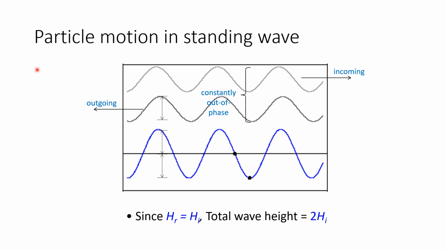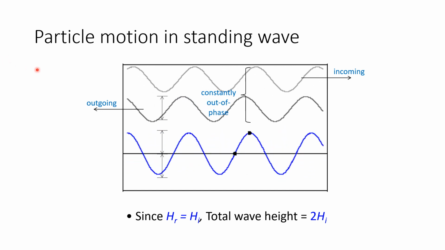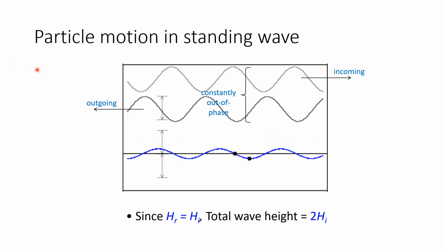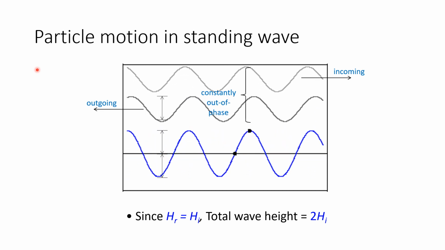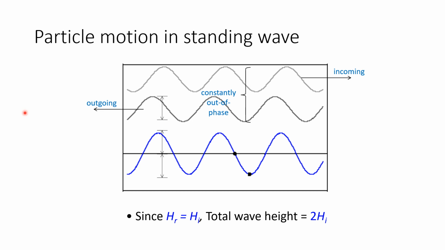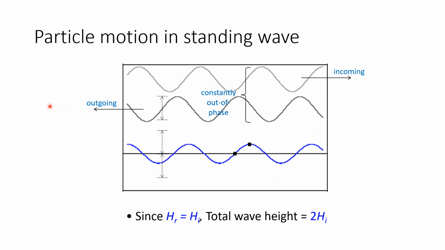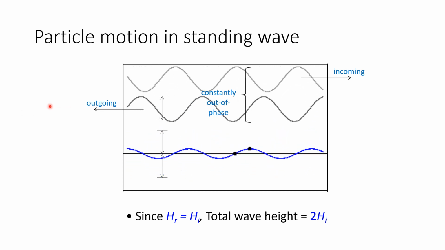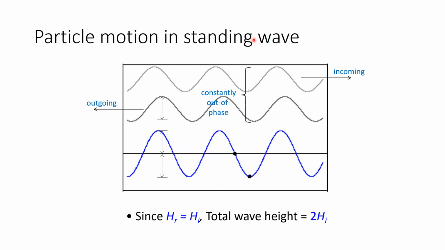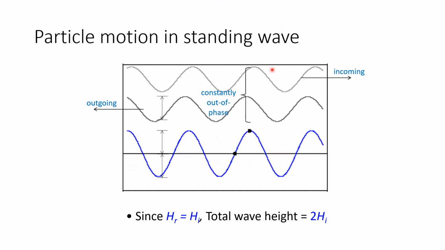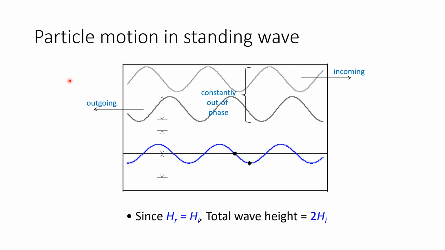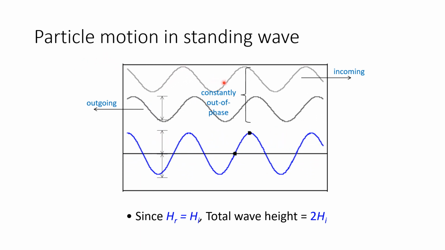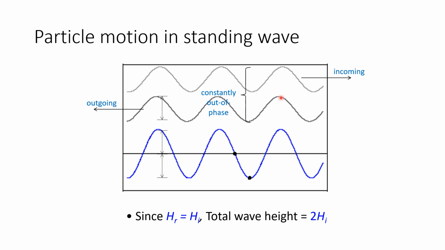If the two sets of waves are completely out of phase, which means that the phase angle of the incoming and the outgoing waves differ by 90 degrees, then we get a standing wave phenomenon. Let's assume this is the coastal structure or the barrier, and we have an incoming wave moving towards this barrier.